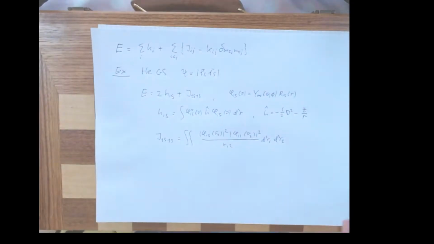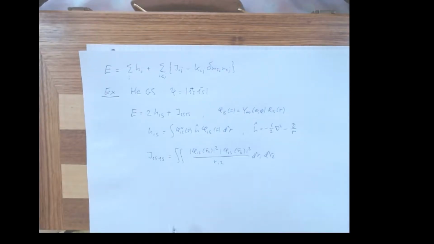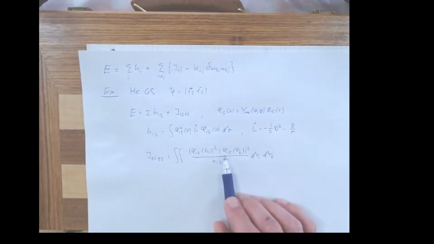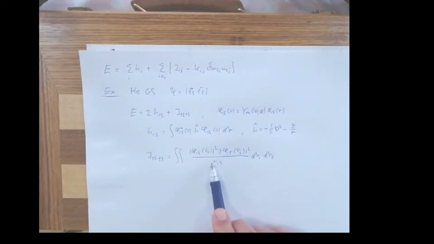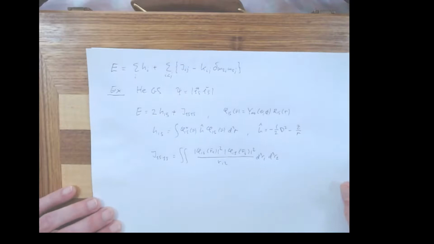You might actually recall that this is exactly what we have been evaluating before when we evaluated the expectation value for the helium ground state and used variational calculus to figure out which exponential function gave us the best fit for the ground state. So this expression is precisely the same as we've seen before. But now we can also try and be a little more elaborate, because we could look at excited states.